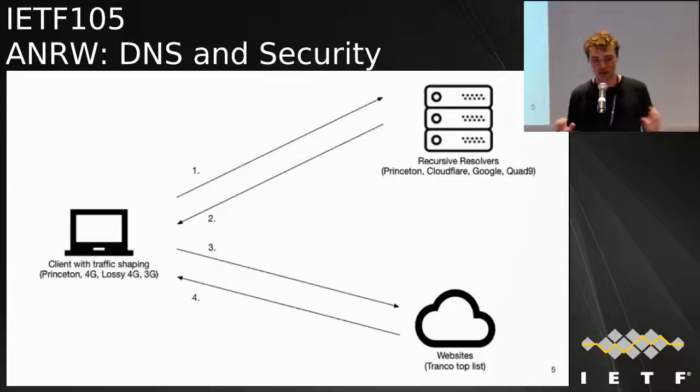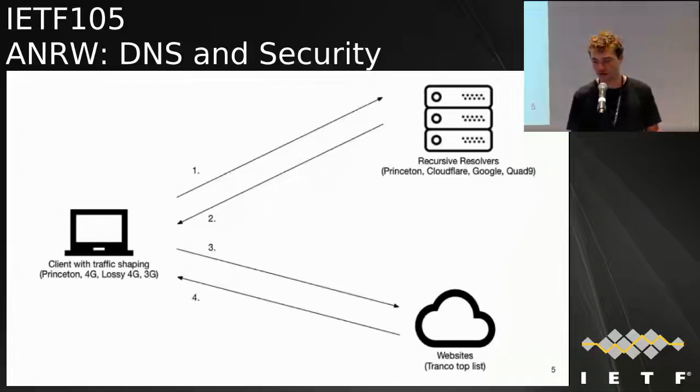Okay, so this is a general overview of our setup, very simplified. The general idea is that we have a client, which is at Princeton University. We will perform traffic shaping, so an emulated 4G network, lossy 4G, and 3G. Again, these are not actually connecting to mobile networks. These are just emulated conditions. You're performing queries to recursive resolvers at Princeton's default resolver, Cloudflare, Google, and Quad9, for each unique domain name that is embedded in a web page for images, links, things like that.